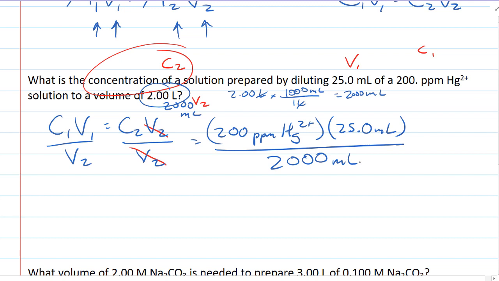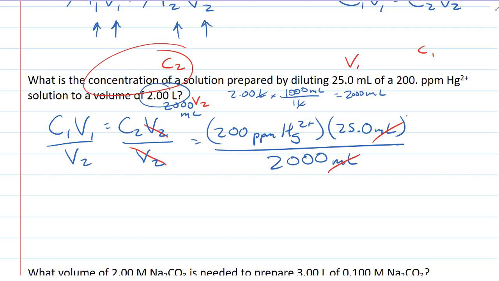So now that we have the same units, numerator and denominator, units here will cancel out. We then go ahead and calculate this by taking 200, multiplying that by 25, taking the result and dividing it by 2,000. We wind up with an answer 2.5.